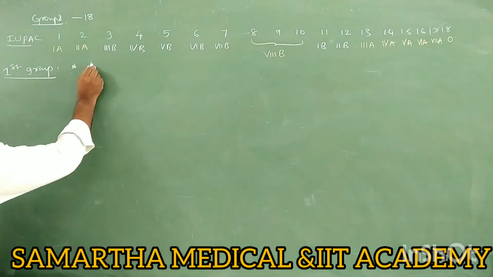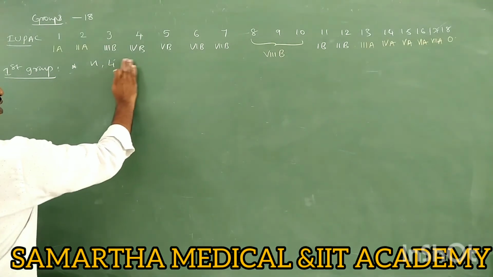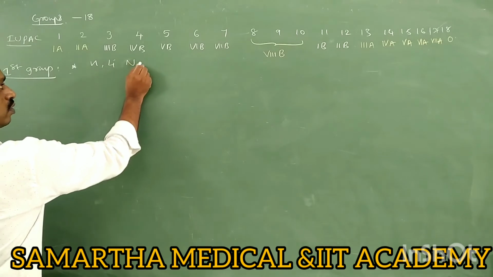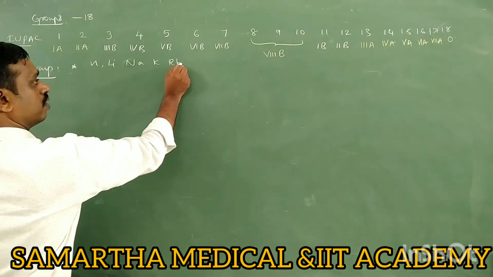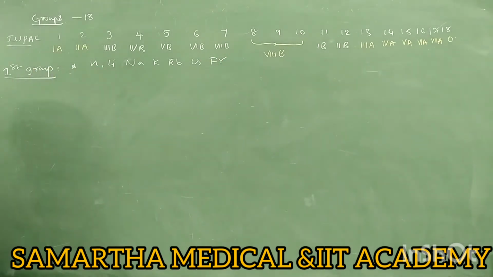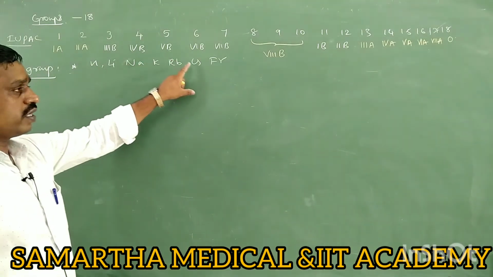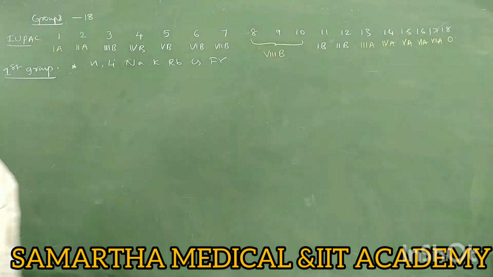Hydrogen, lithium, sodium, potassium, rubidium, cesium, and francium are called first group elements, right? Let's write it point-wise.